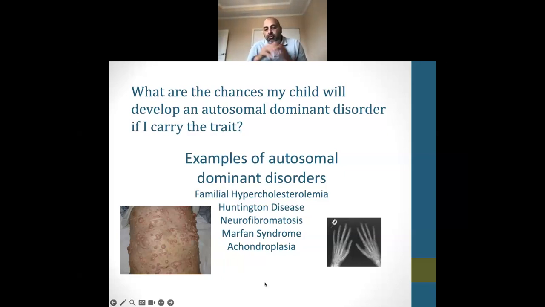Marfan's, that's what it's referencing by the long fingers here. They're usually very tall. They develop what's called aortic dissection. It just randomly ruptures. Usually they have pectus excavatum, where the sternum points in instead of out. They actually suspect that Abraham Lincoln had Marfan's. And had he not been assassinated, if he had Marfan's, he probably would have died early on, in his 40s or so, from aortic aneurysm or dissection.